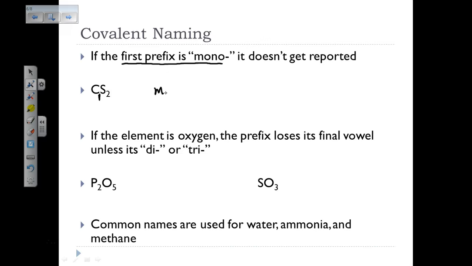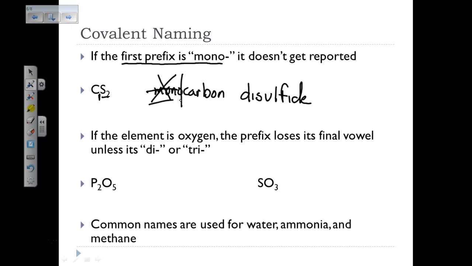So we would write this monocarbon di, so prefix element, prefix root, the root of the element. The root of sulfur is sulf, so it's sulfide: monocarbon disulfide. With this rule for covalent naming, we get rid of the prefix mono, and we would just say carbon disulfide. That's how we name that one.